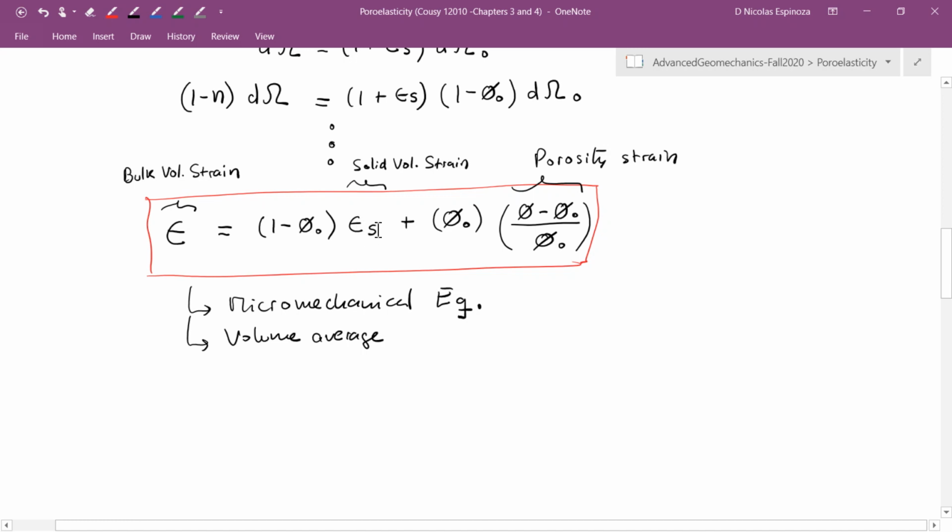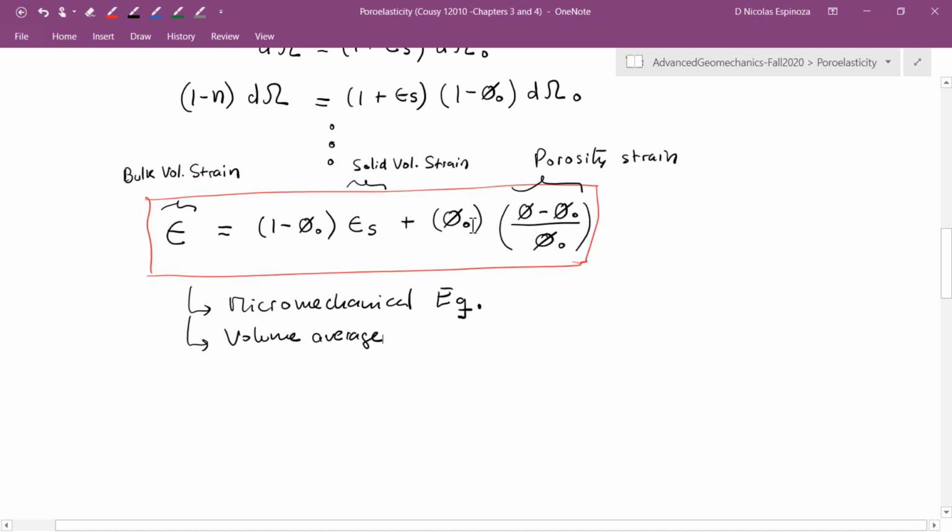So the more solid strain you have, the more it affects the volumetric strain, proportional to the amount of solid, 1 minus porosity. And the same for the porosity strain: it is linked to the amount of porosity.